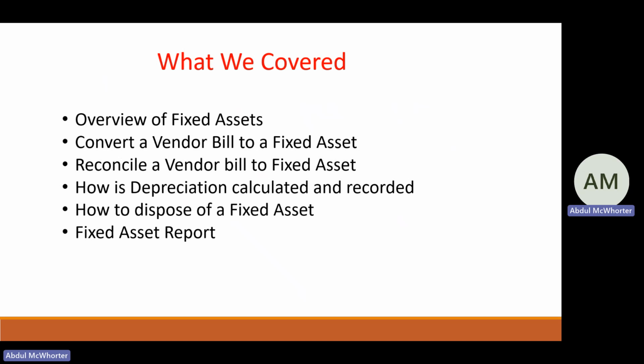We also reconciled a vendor bill to a fixed asset. We took a look at two ways at how depreciation is calculated. And then we also took a look at how to then record a depreciation. We went over how to dispose of a fixed asset, and we concluded by going over the fixed asset report.